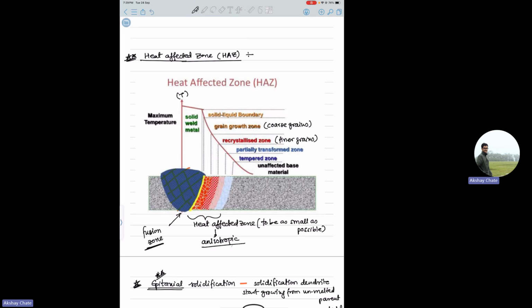It's not only the grain size; the constitution of your grains also will change depending on how long you have kept that zone at that particular temperature. For that you have to refer back to the equilibrium diagrams for the corresponding parent material.